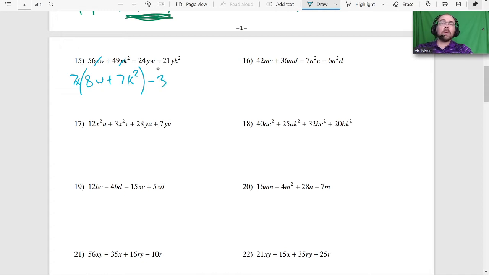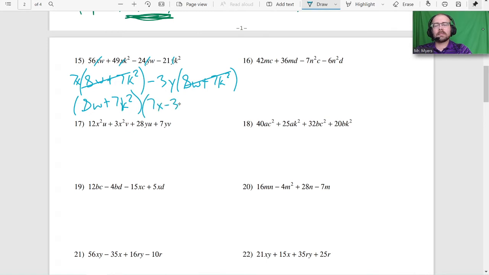Right? Remember, numbers are close. Difference is 3. That's what they divide by. Pretty much foolproof. All right, and then 8w plus 7k squared. Yeah, that works. All right, 8w plus 7k squared. In parentheses.